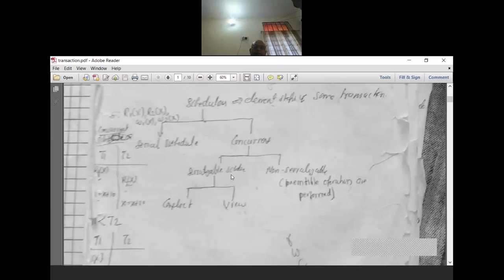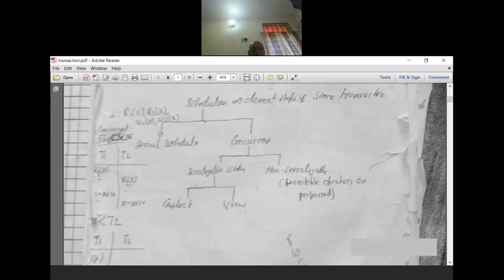Non-serializable schedule means the answer will differ: if it works in concurrent fashion the answer will differ from when it works in serial fashion.